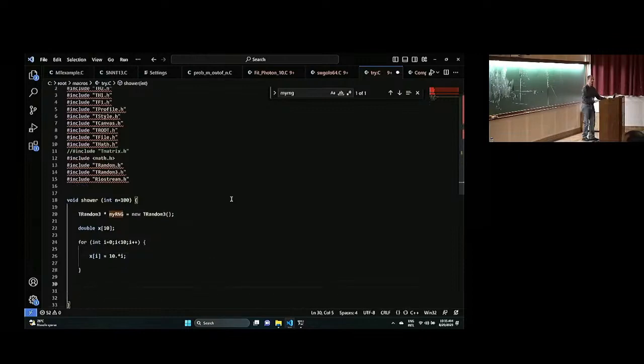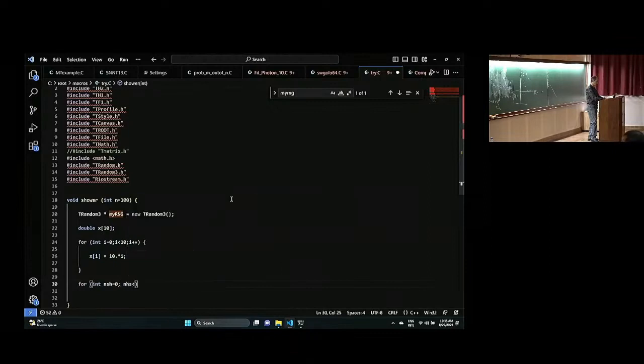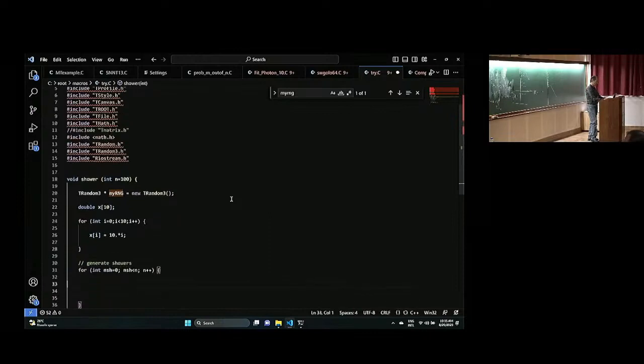And now we generate the data because we said that we generate 100 showers. For n showers equals 0 to n showers less than n, n plus plus. And here we generate the showers. What does it mean to generate a shower?